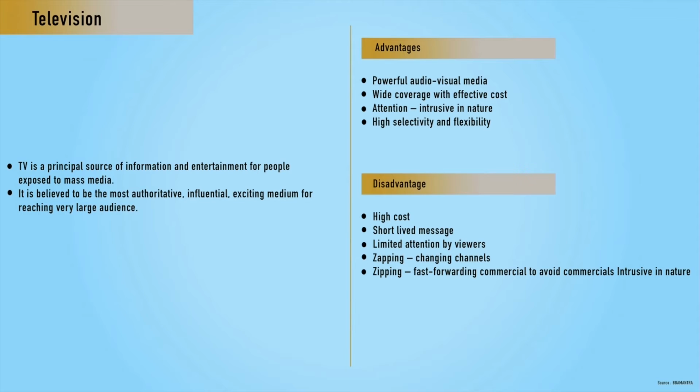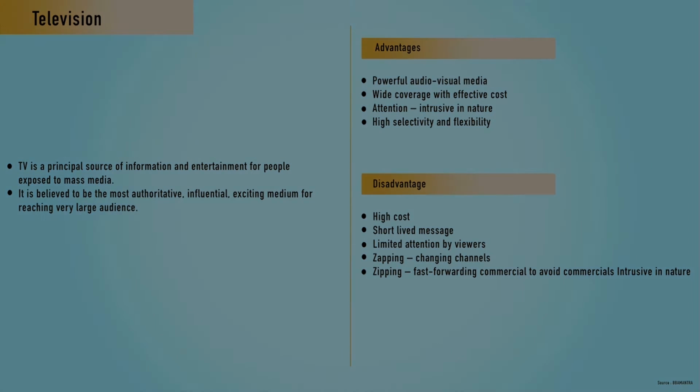Event management companies can combine visual image, sound, motion and color to achieve viewers' empathy. It is also considered interesting in nature as the audience has no control over the nature and pace of advertisements. It is believed to be the most authoritative, influential, exciting medium for reaching a very large audience. So these are the advantages of television advertising.